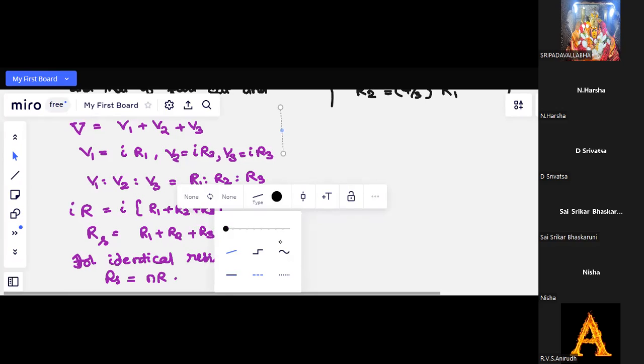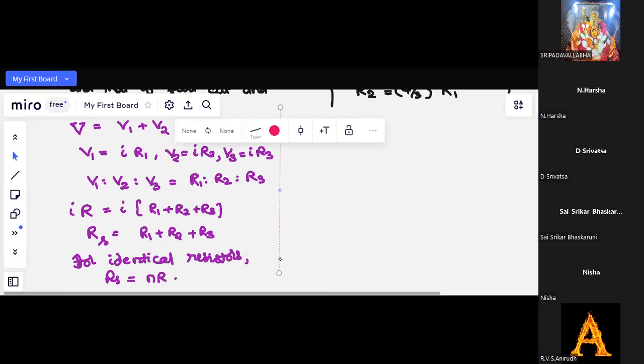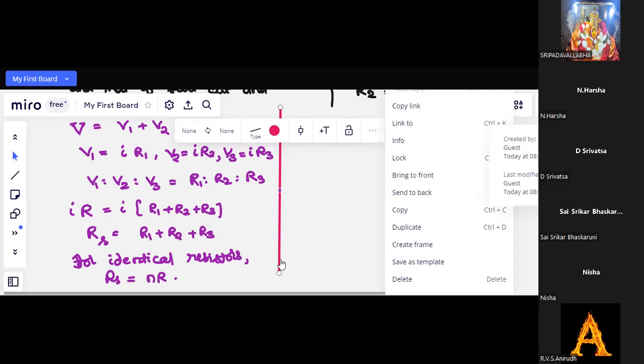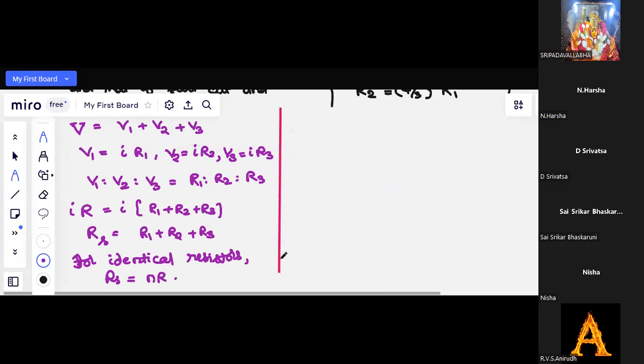So the effective resistance RS is greater than the greatest individual resistance.